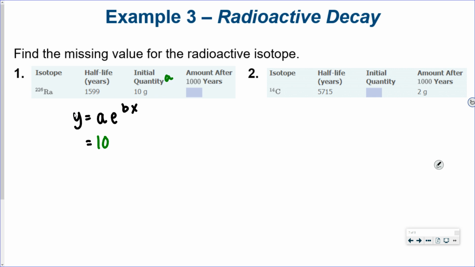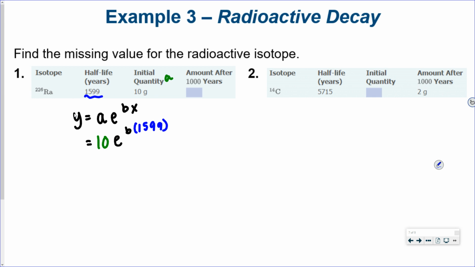Eventually I want to figure out the amount after 1,000 years, but this is giving me an ordered pair. It's telling me that after 1,599 years, my amount of this isotope will be cut in half.